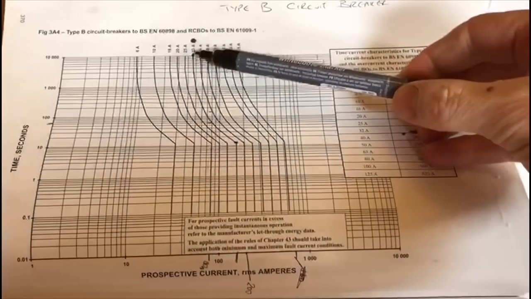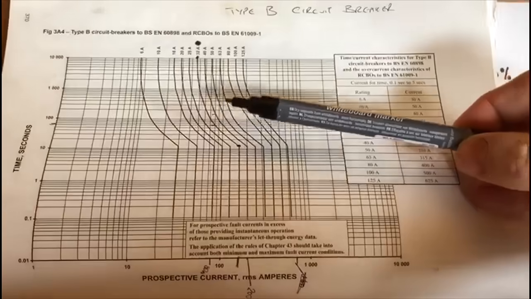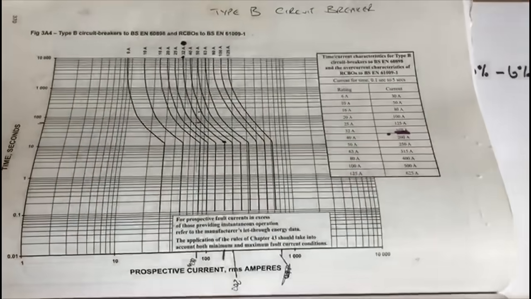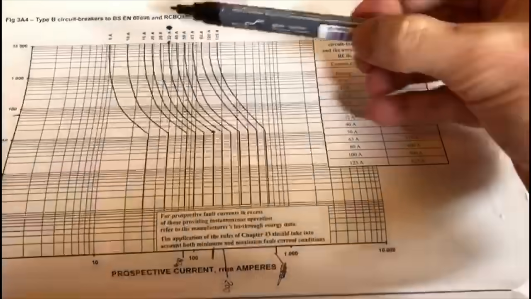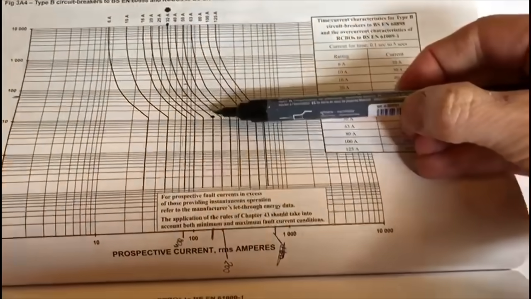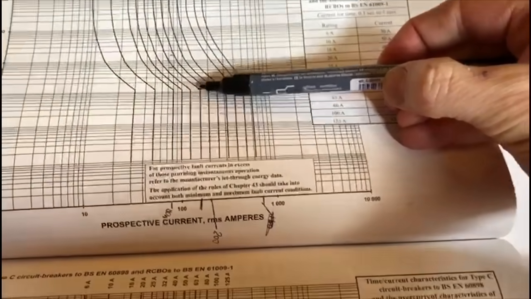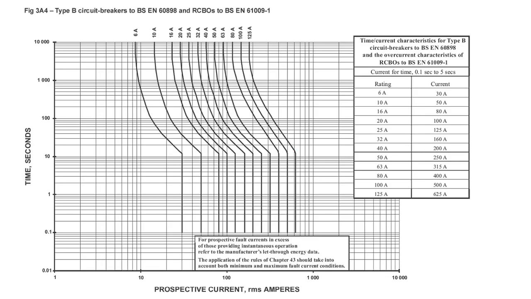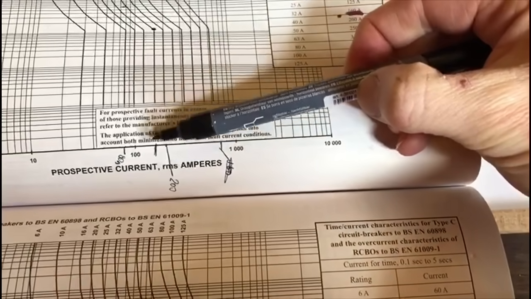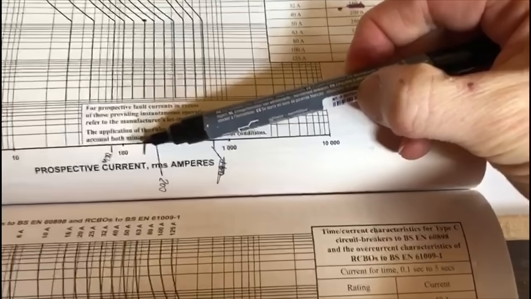And this is where the bimetallic strip inside the circuit breaker is heating up and eventually will break the circuit. Now, as we follow the circuit breaker all the way down to here, and then it goes into a straight line, at this point here, this is where it's an instantaneous disconnection. Now, it's quite difficult to read what number that actually reads.